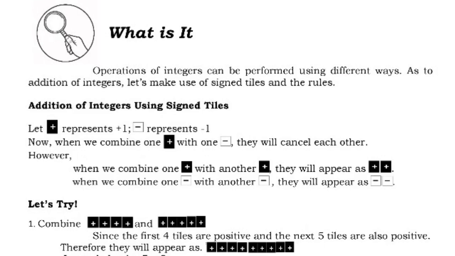When we combine 1 plus tile with 1 minus tile, they will cancel each other. However, when we combine 1 plus tile with another plus tile, they will appear as 2 plus tiles. When we combine 1 minus tile with another minus tile, they will appear as 2 minus tiles.